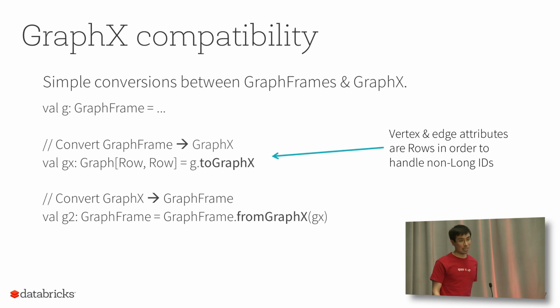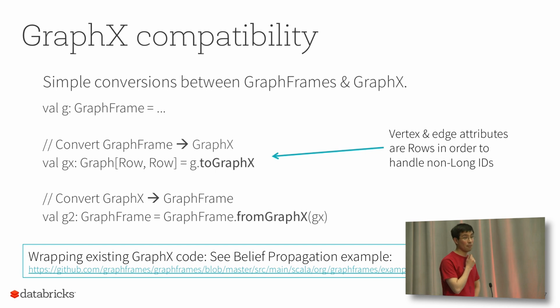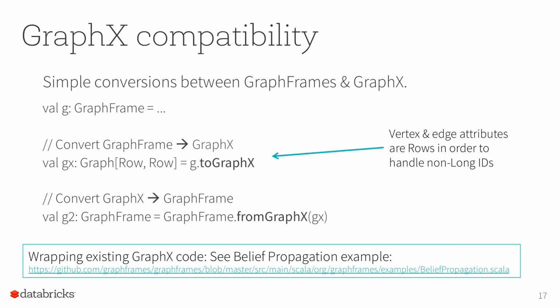You can also, with a simple function, convert back from GraphX. And if you do have existing GraphX code, I'd recommend checking out this belief propagation example. It has an algorithm implemented within GraphX using aggregate messages and then wrapped into a graph frame friendly API using these methods.